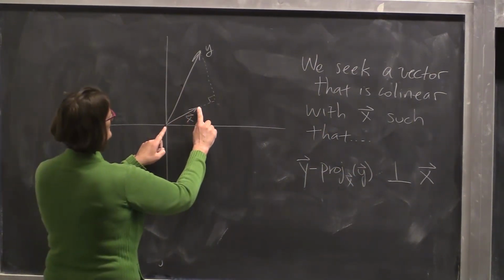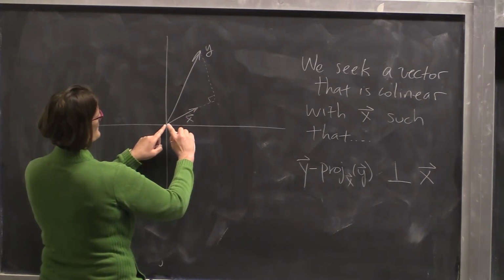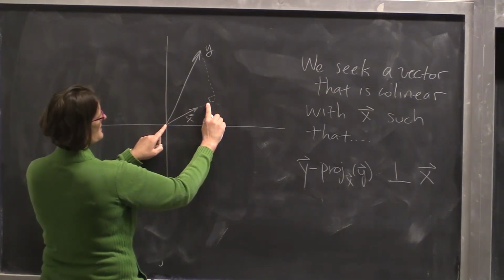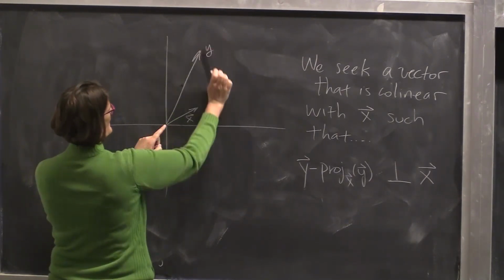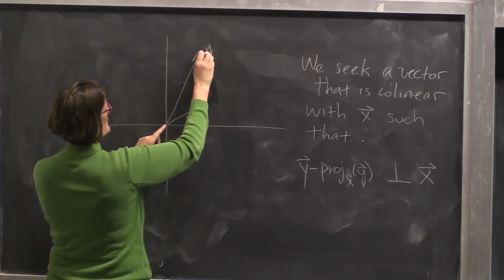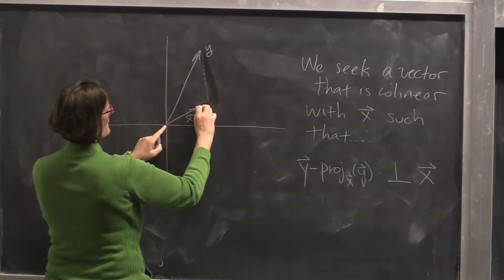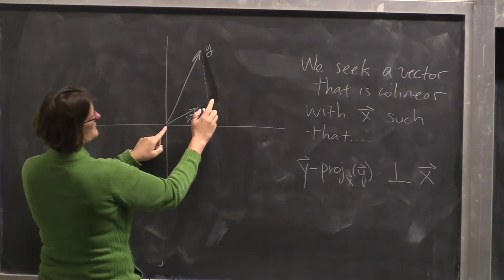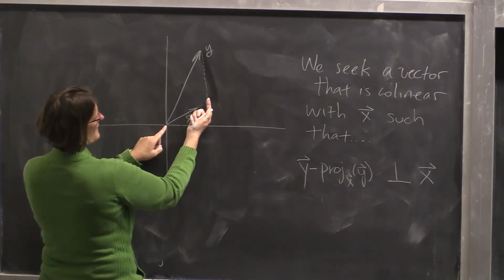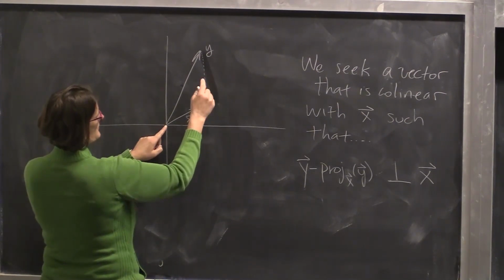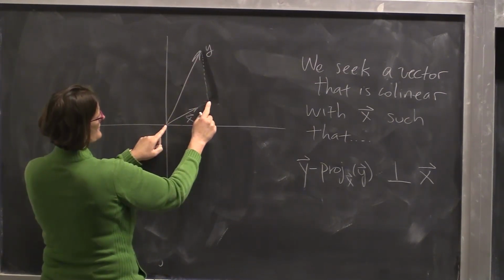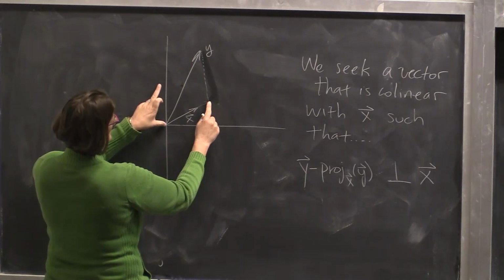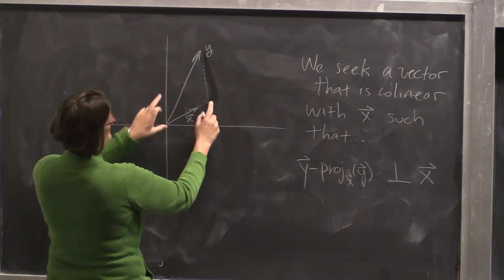So if I took this vector and I just multiplied it by some number, and I didn't get a right angle here, this vector is too short. This angle is larger than 90 degrees. If I computed y minus this vector, I would get a vector which was not perpendicular to x.